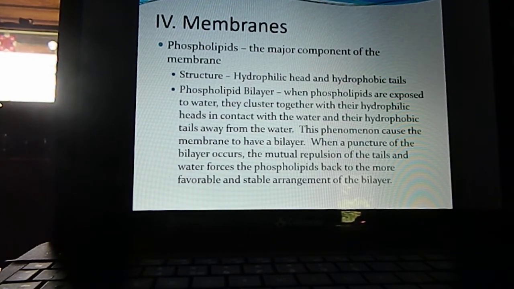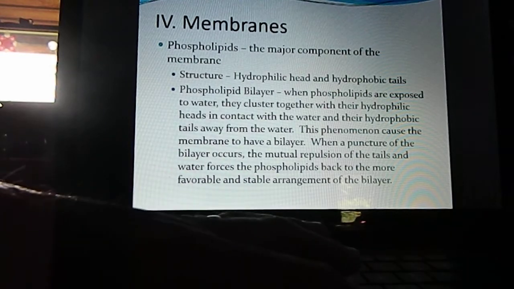But when you circle the wagons and make this layer, what you trap on the inside is water. So you have water on the outside, you have water on the inside, and in order for a membrane to form, it has to make another layer of phospholipids with their heads facing the inside of the membrane. And so when you see this, it's like magic, all right?